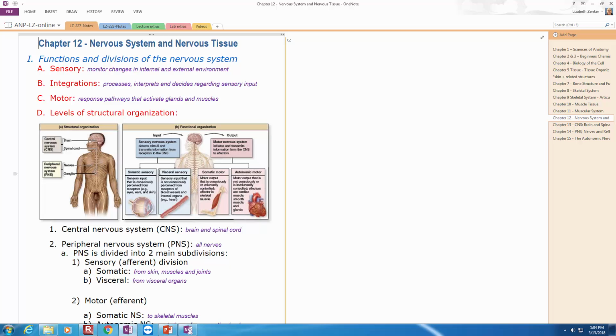And where do you think you send that information? We have to send it to something that can process it and understand it, right? To the brain, which is going to be our control center. So integrations are processes, interprets, and decides regarding the sensory input.